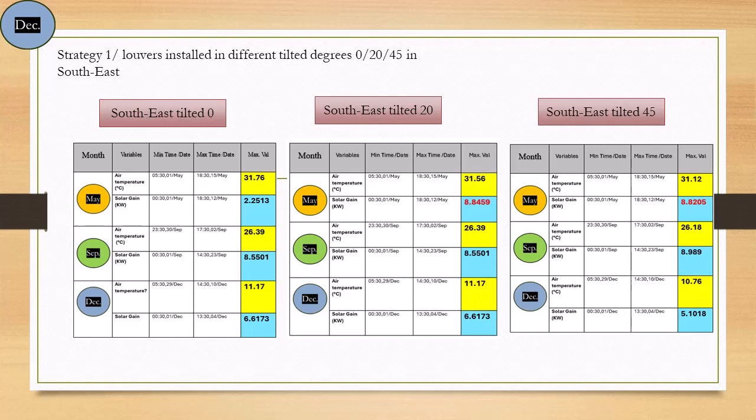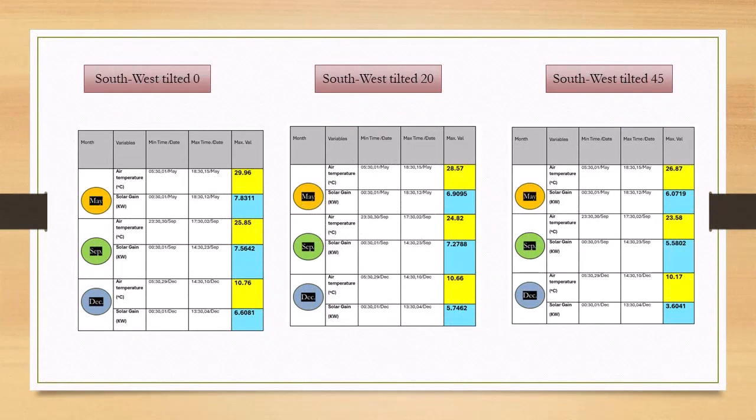We get the results in 3 months: May summer, September autumn, and December winter, at 3 times. This is the result for 3 directions in 3 months at 3 different times.